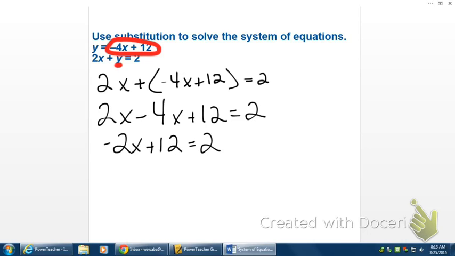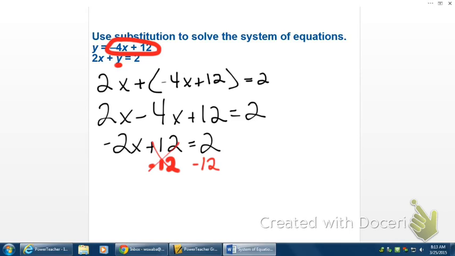Noah, what are we going to do next? What do you think? For solving for x. Oh, we want to divide it from the 2. Not yet. Yeah, subtract 12 from both sides, absolutely. Let's go ahead and minus 12 from both sides. Let me just change my pen.